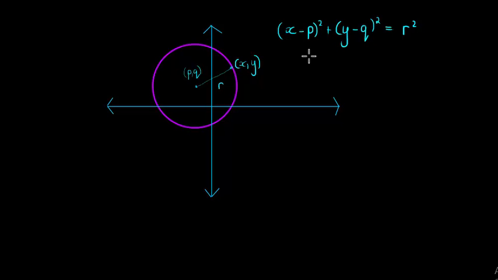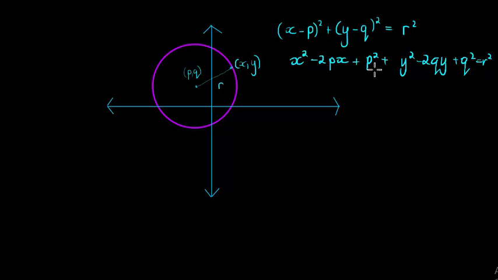If we multiply this out, we get x squared minus 2px plus p squared plus y squared minus 2qy plus q squared equal to r squared.